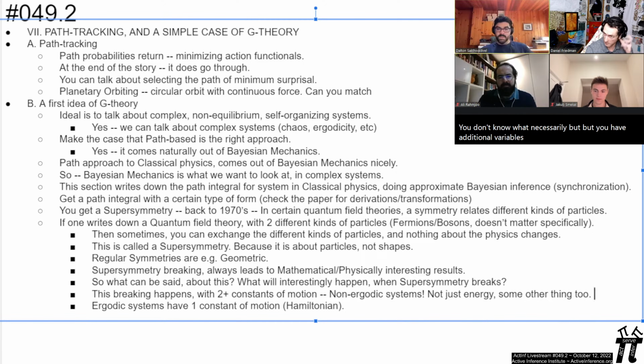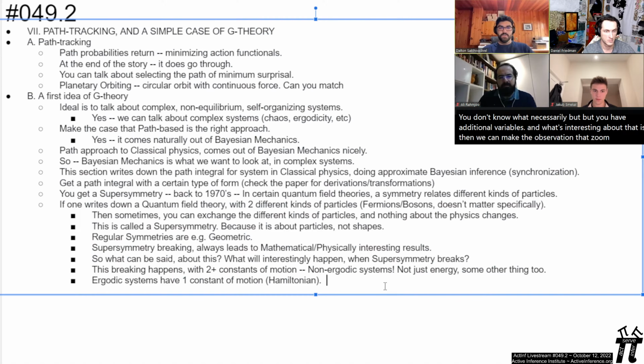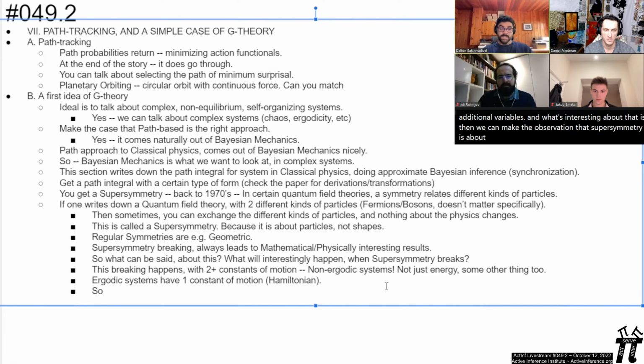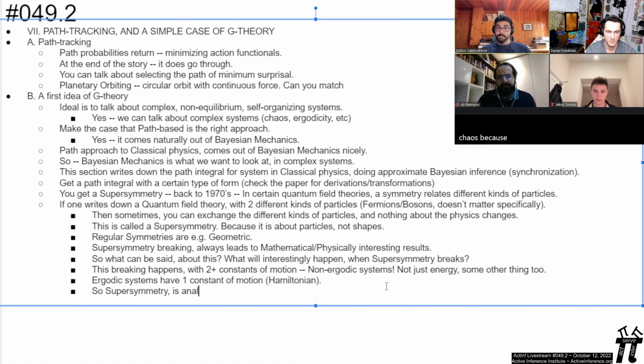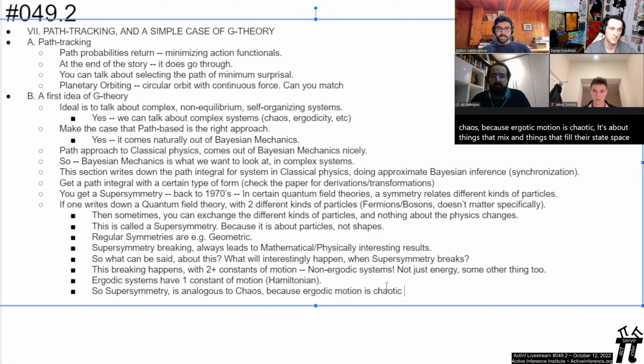And what's interesting about that is then we can make the observation that supersymmetry breaking is analogous to chaos, because ergodic motion is chaotic. It's about things that mix and things that fill their state space in sometimes unpredictable ways.